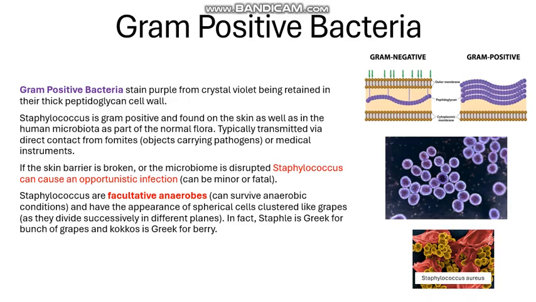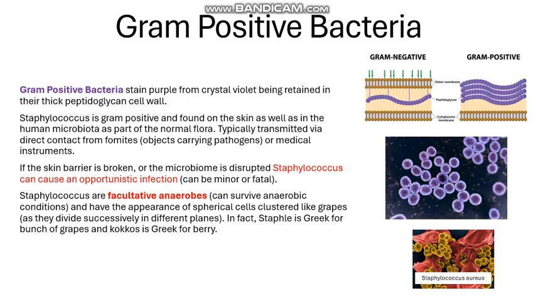So, getting into Staphylococcus, Staphylococci are gram-positive bacteria found on the skin as well as in the human microbiome as part of our normal flora. So, like in our stomach and intestines or on our skin, we pretty much always have the Staphylococci bacteria on us, but most of the time they don't infect us, because most of the time they don't have the facility to infect us.